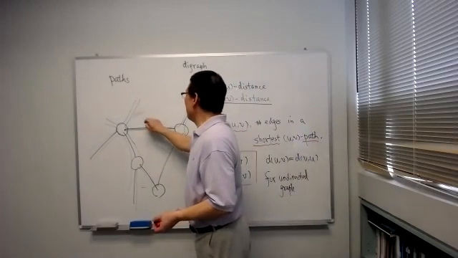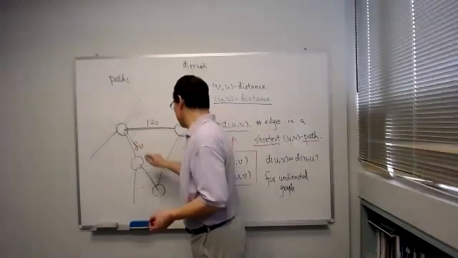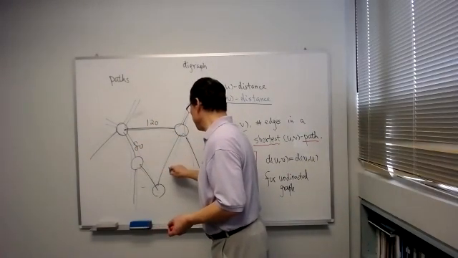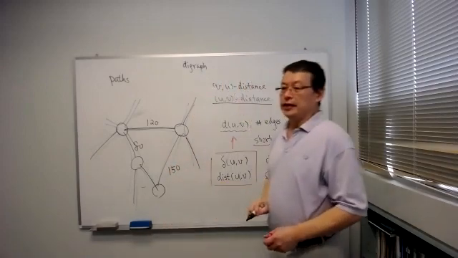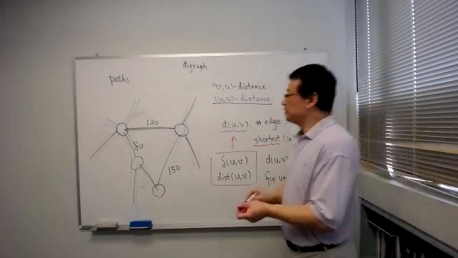Here maybe 120 meters, here maybe 80 meters, here 150 maybe, right? So then the graph we obtain is called a weighted graph.